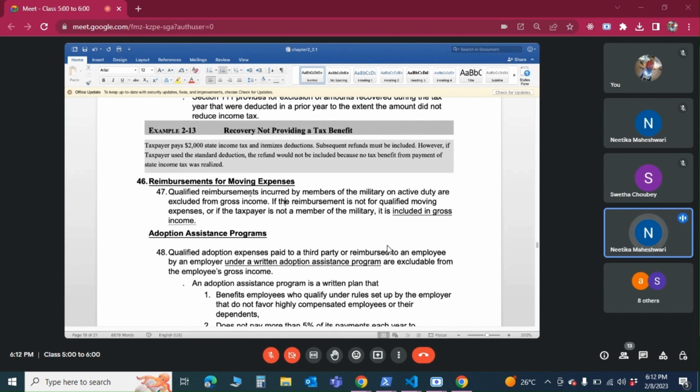Then moving expenses were deductible. In fact, when we moved from the US to India, we took all those moving expense deductions, and a lot of clients took it around that time, but now they have stopped it. There is no such benefit given as a moving expenses deduction, not to the general taxpayer. That's only given to military members.